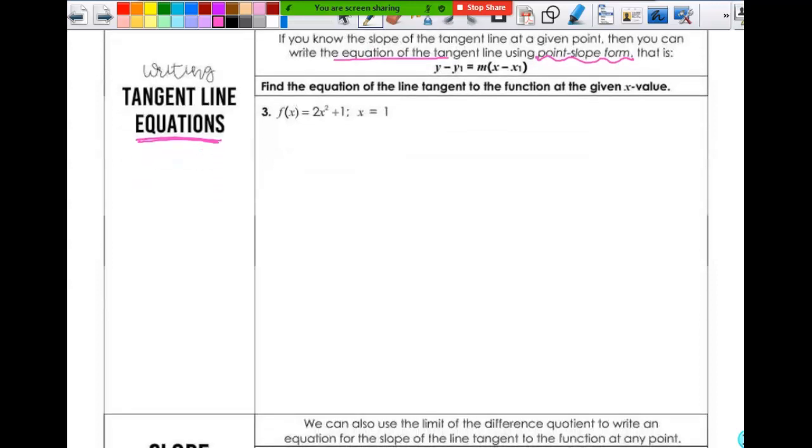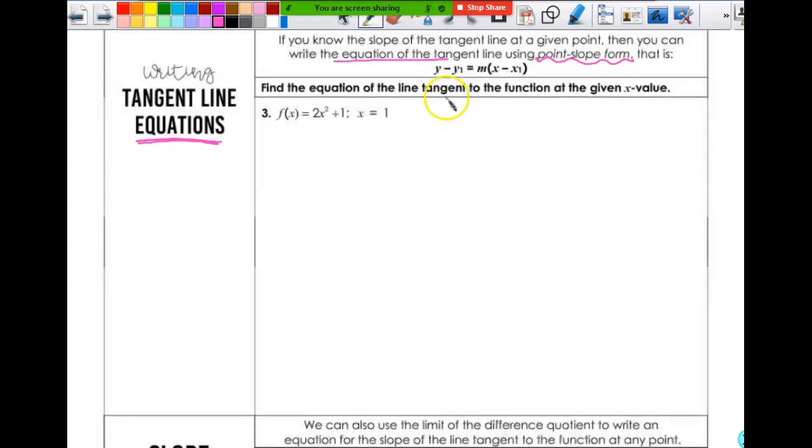All right, so let's look at it. It says find the equation of the tangent line. Well, in order for me to do that, I have to have the slope and I have to have a point, right? I know how to find the slope of the tangent line. It's with the difference quotient like we were just doing. So let's do that first. The slope is equal to the limit as h approaches 0 of, this is our f of 1, oh, it's h, not x.